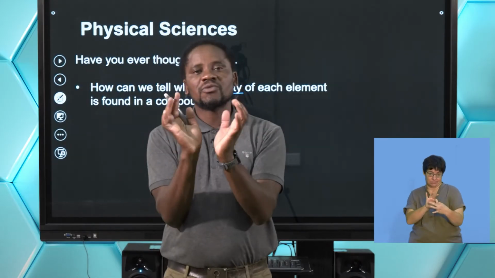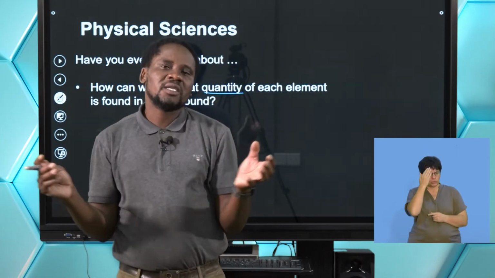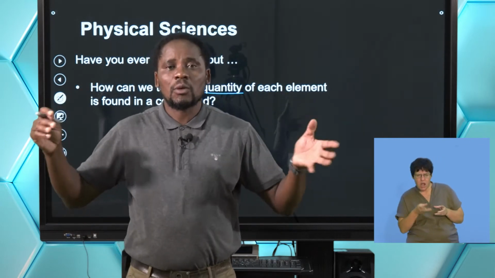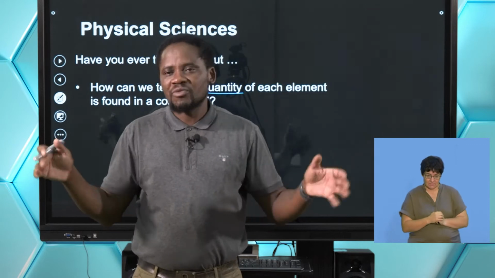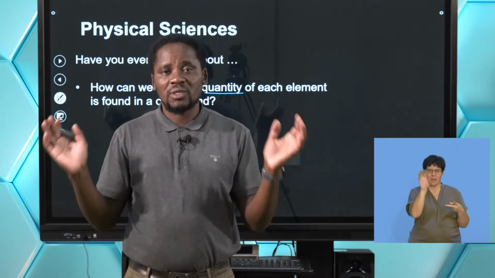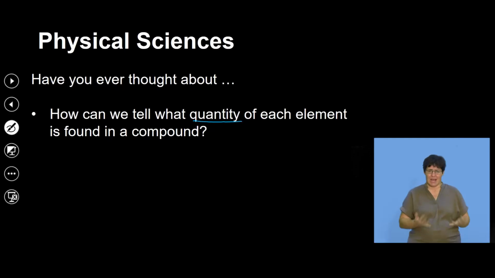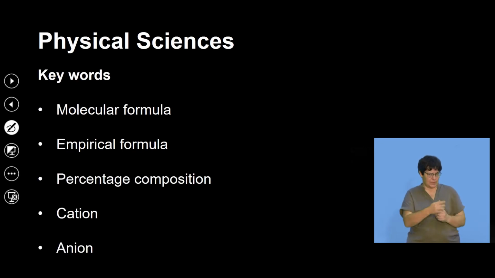So in terms of composition, we want to understand exactly how each of these elements contributes in terms of mass, in terms of percentage, to the entire compound. So the question is phrased as, how can we tell what quantity of each element is found in a compound, right? Keywords, very, very important in terms of definitions.